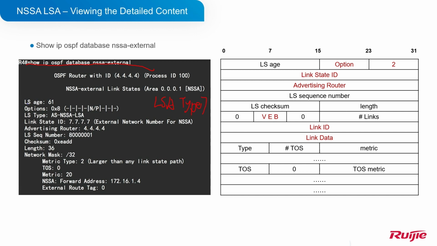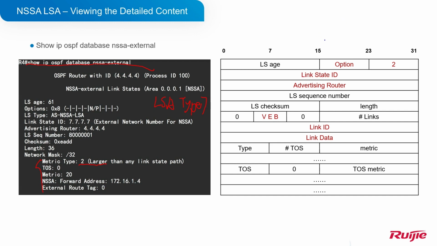And then we can see the LSA options, LS type, and the link state ID is 7.7.7.7. Okay. And the advertising router is 4.4.4.4. And the LS sequence number, checksum and length, and the net mask information and metric type information, and the other information, we can see the details here, right?